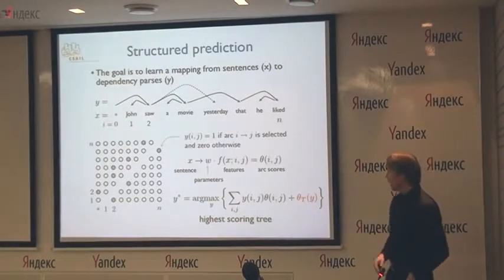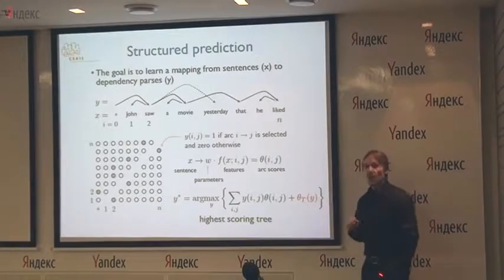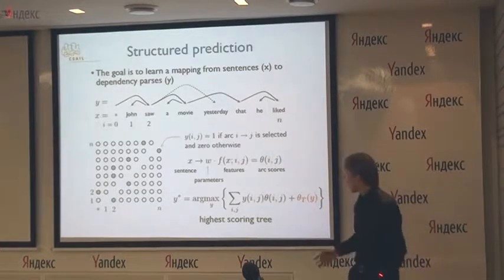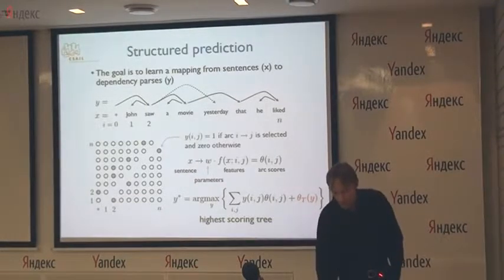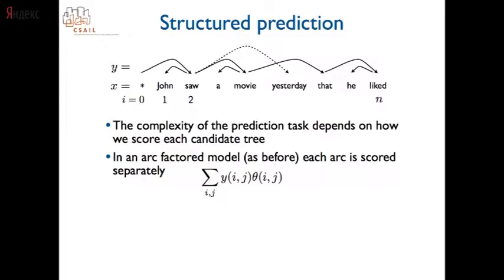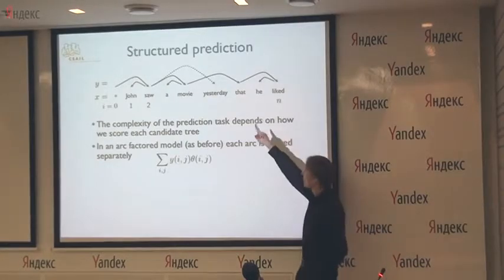Now, the complexity of solving this problem depends on how we choose to score the different structures. What I've shown you so far is something called an arc-factored model, which for any given sentence just summarizes the input sentence as scores for each possible arc.